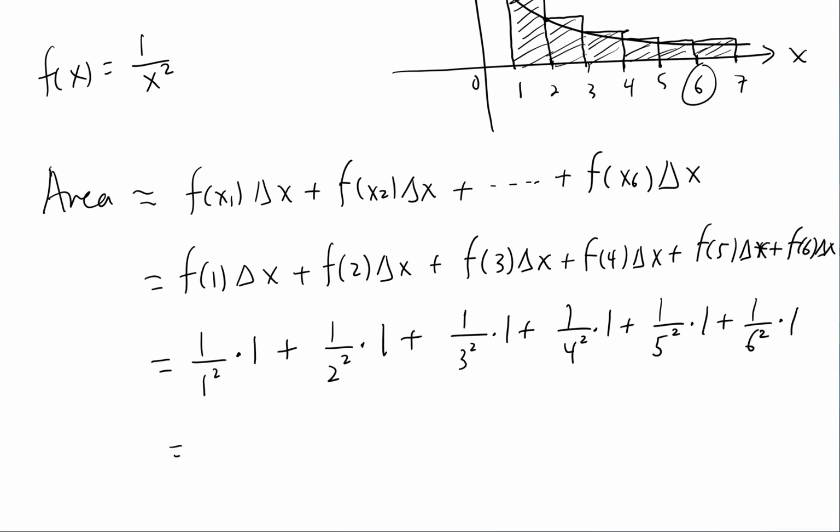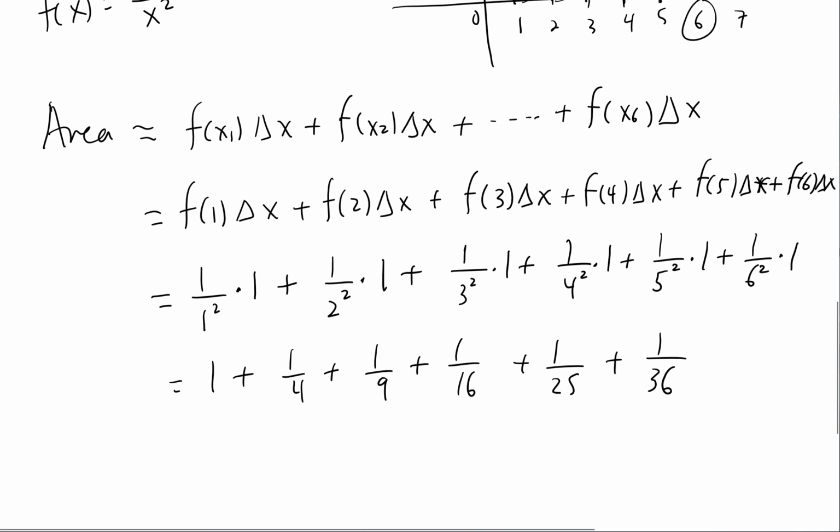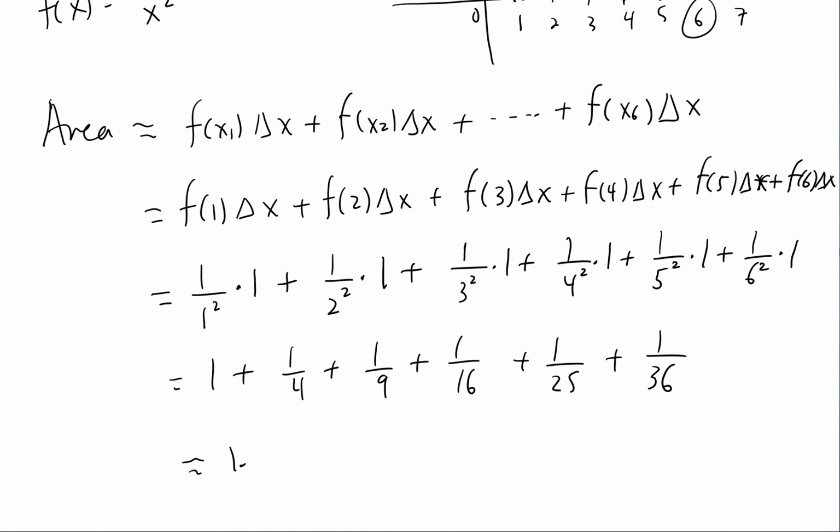And this would be 1 plus 1/4 plus 1/9 plus 1/16 plus 1/25 plus 1/36. If you put that into the calculator, that gives me 1.4914. That's the approximated area from 1 to 7 under the curve y equals 1 over x squared.